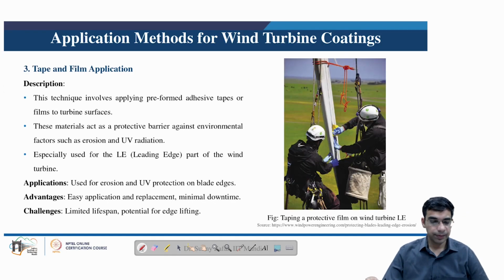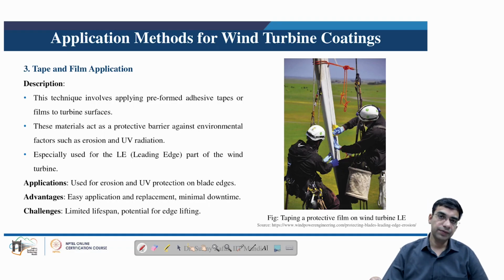Next is the tape and film application. So this technique involves applying preformed adhesive tapes or films to the turbine surfaces. These surfaces then act as a protective barrier against environmental factors such as erosion and ultraviolet radiation. These are especially used for the leading edge part of the wind turbine blade.